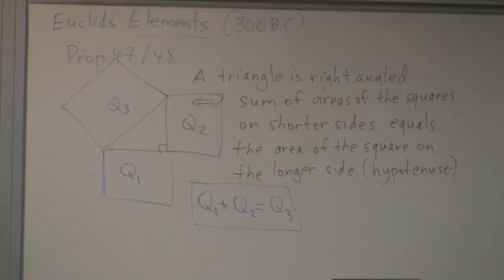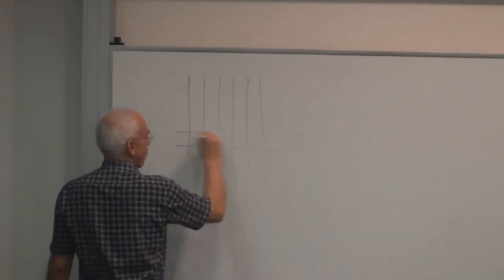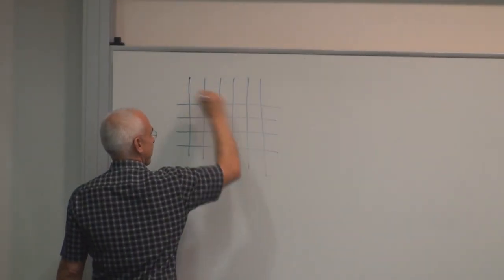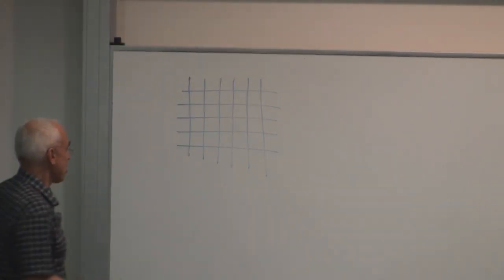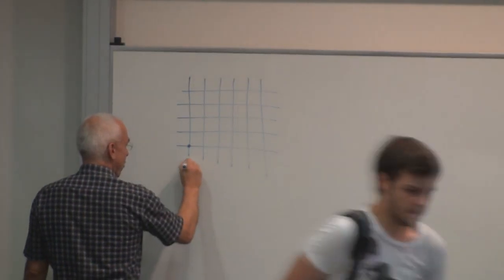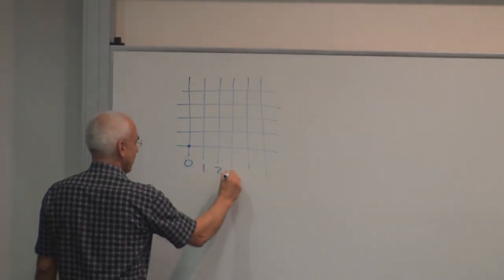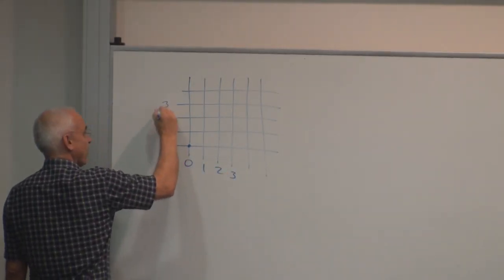So suppose we're working in a more modern framework. The Greeks did not think this way, but let's work in a grid plane. Okay, a piece of graph paper. So we're really introducing coordinates here. We can think of a coordinate system, 0, 1, 2, 3, 0, 1, 2, 3, and so on.